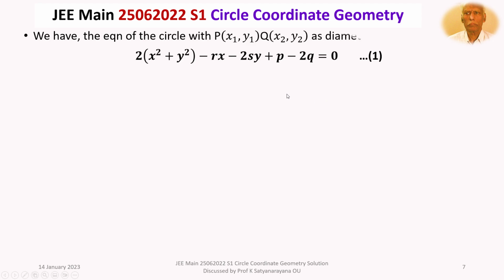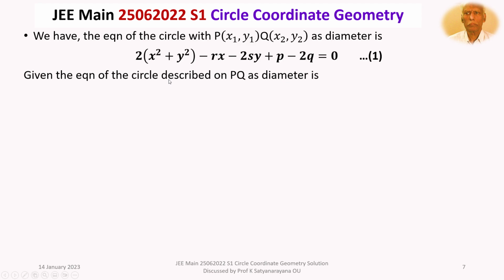So this is the equation we have, and it is given that the equation of the circle described on PQ as diameter is 2 times in brackets x square plus y square minus 11x minus 14y minus 22 is equal to 0.